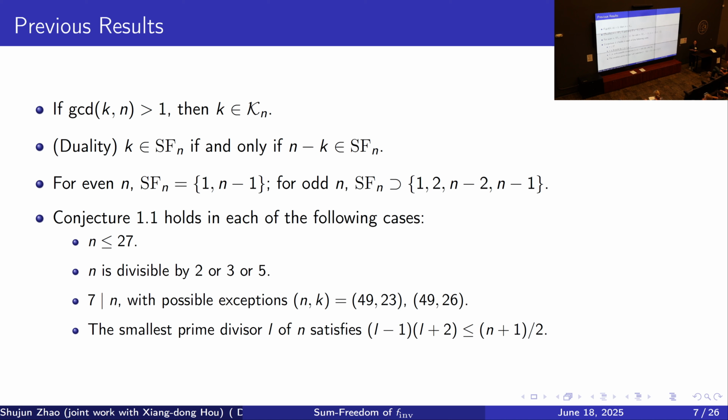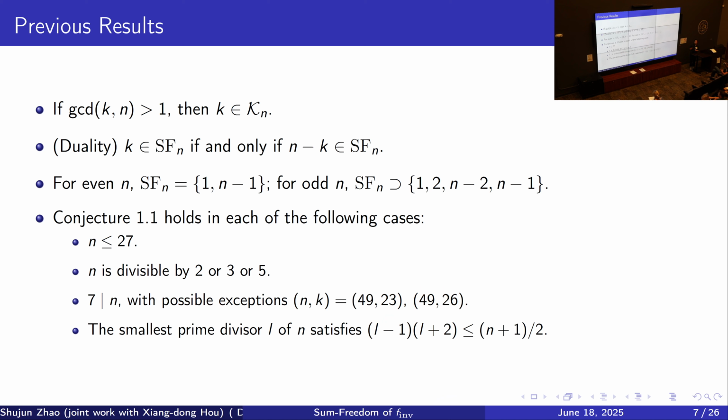The conjecture is confirmed for several types of n, like when n is less or equal to 27, and when n is divisible by 2, 3, or 5, the conjecture is true. And when 7 divides n, but with possible exceptions like 49, 23 and 49, 26, the conjecture is true.